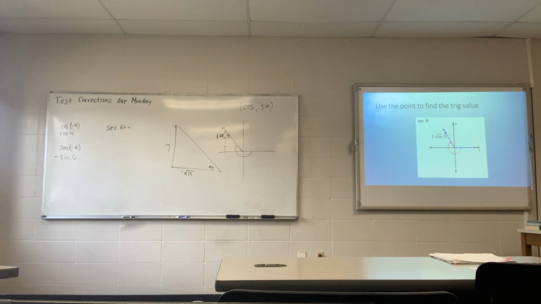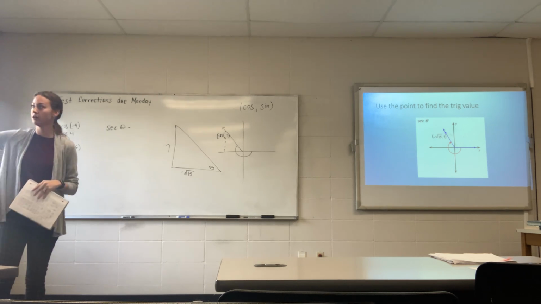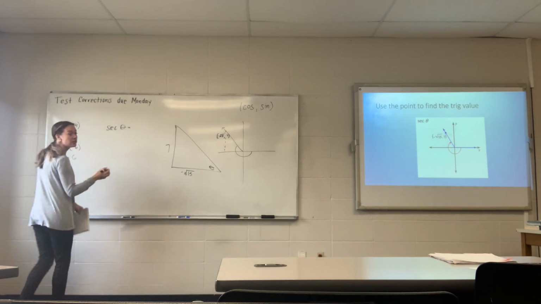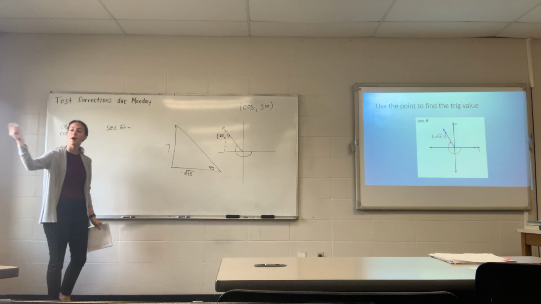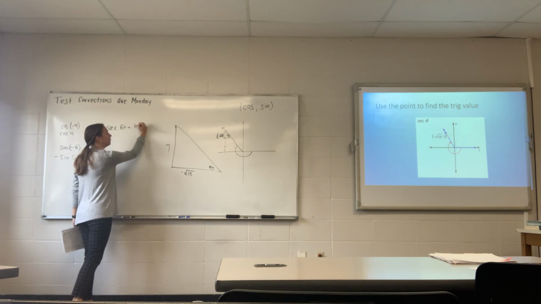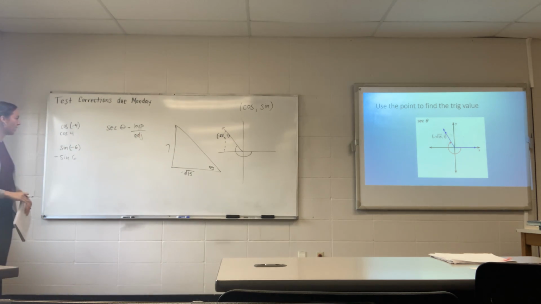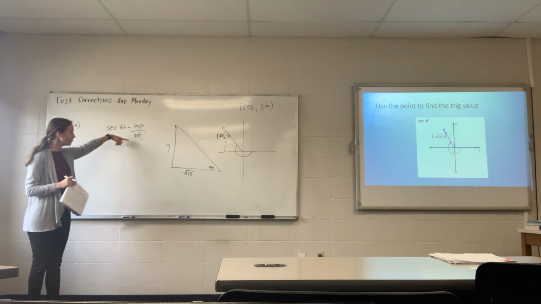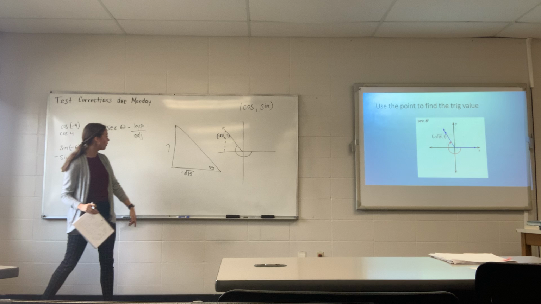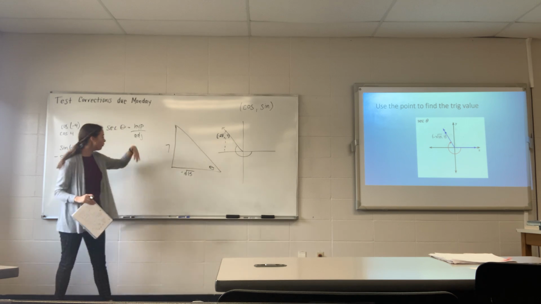My cosine is my adjacent over my hypotenuse, and secant, you always just flip your cosine. So my secant is equal to my hypotenuse over my adjacent. If I just flip what I know about cosine, because cosine was adjacent over hypotenuse, I get secant. So for my triangle, I just need to figure out my hypotenuse over my adjacent.